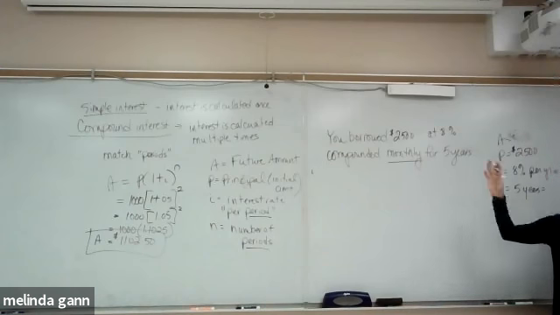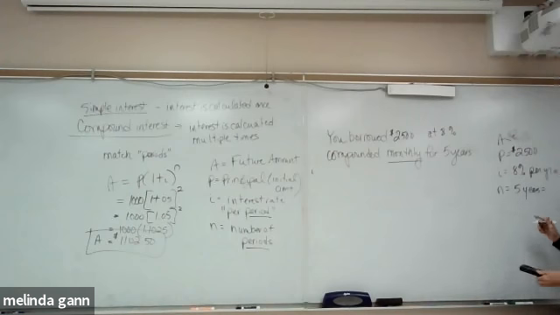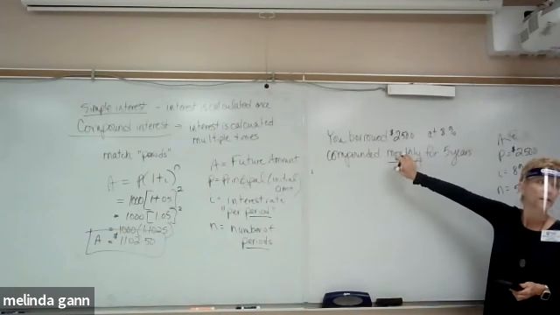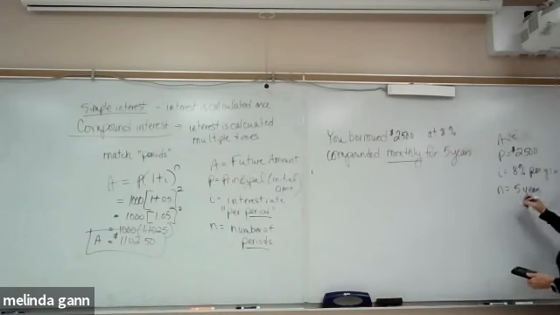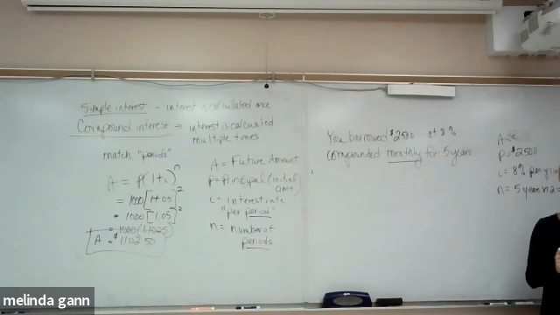So take it 4, 5, 6 places out. Everybody okay with that? All right. 5 years, but I need it not in years, I need it in months. So what am I going to do with this 5 years? Multiply by 12. So how many times are we going to calculate the interest on this thing? 60 times. So 60 months.